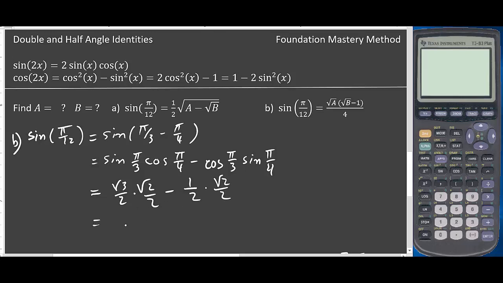You can see you have a common denominator 4. In the top you have radical 2 times radical 3 minus radical 2. So we can factor out radical 2, then we have radical 3 minus 1 over 4.